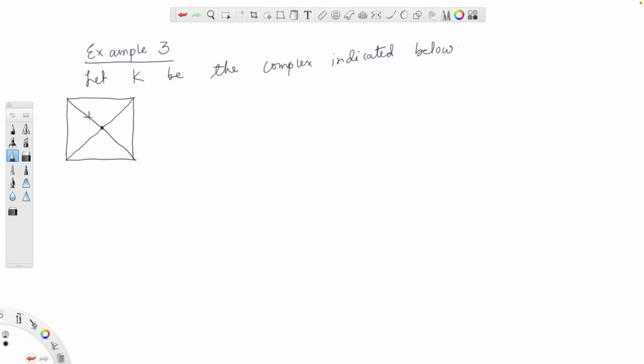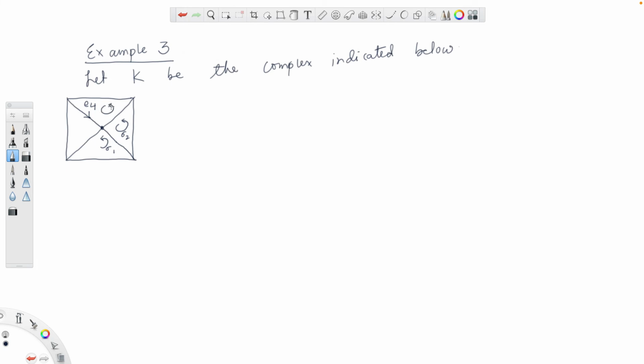We call these oriented two simplices sigma 1, sigma 2, sigma 3, sigma 4.